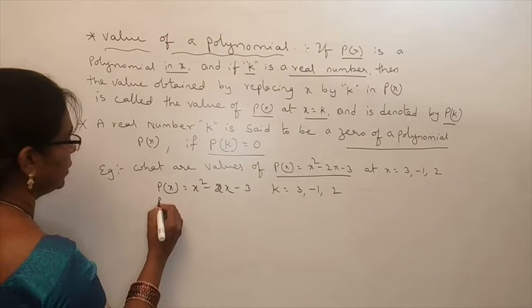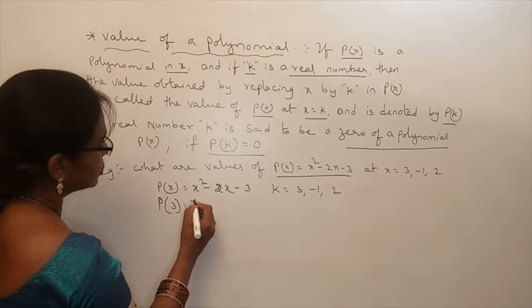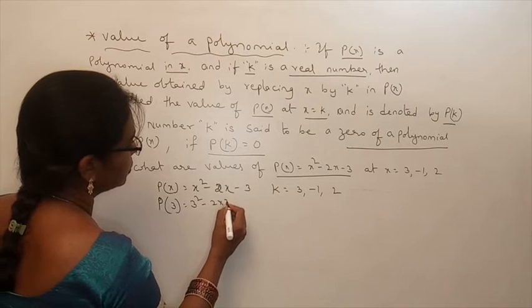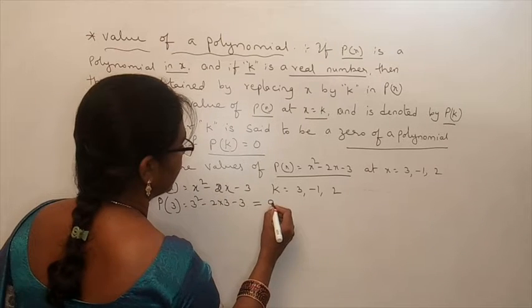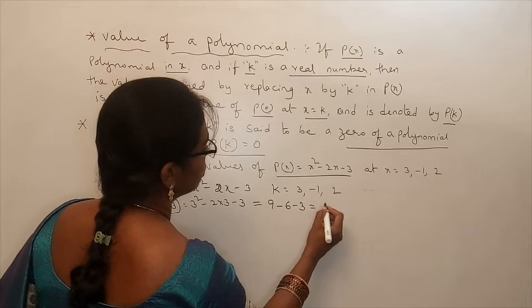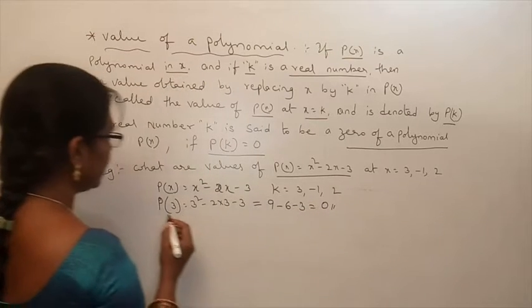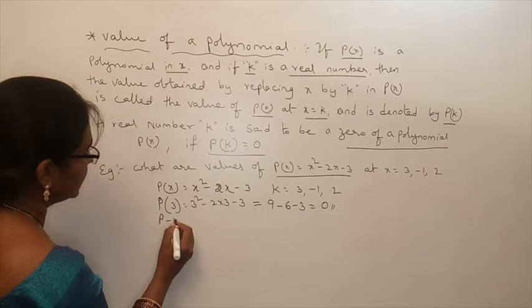First we have to find p of 3. 3 square minus 2 into 3 minus 3 is equal to 9, 3 2s are 6, minus 3, is equal to 0. Then what is the value of p of 3? 0.